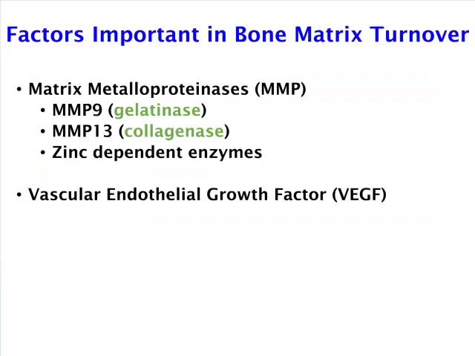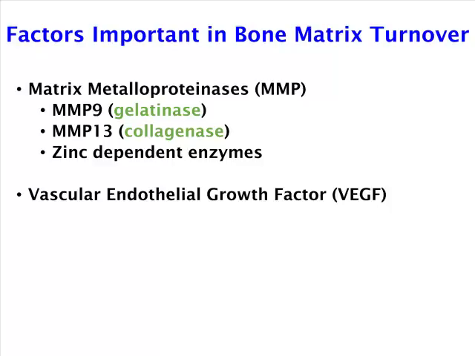There's a multitude of factors involved in endochondral ossification and matrix turnover, and just the complexity of the growth plate in itself, having all those different zones. Each cell is going to react to different signals in a unique manner. But some of the more important factors in bone matrix turnover are the matrix metalloproteinases. Two that we decided to focus on were MMP9 and 13.